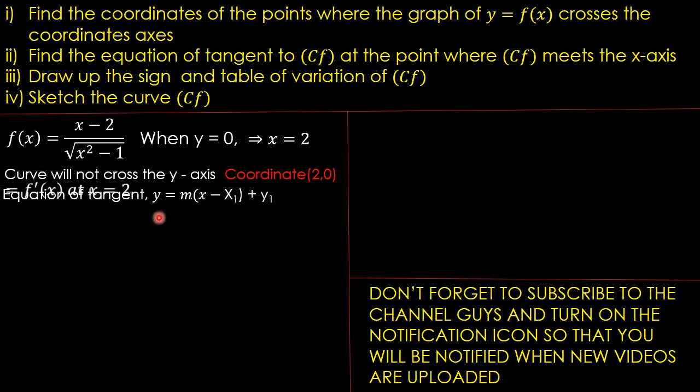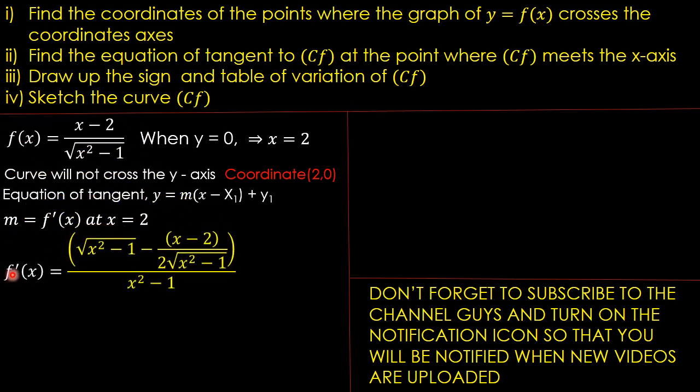Keep in mind that our m is the same as f prime of x at x equal to 2. And don't forget that our f prime of x was the square root of x squared minus 1 minus x minus 2 of all over 2 square root of x squared minus 1, all that on x squared minus 1.